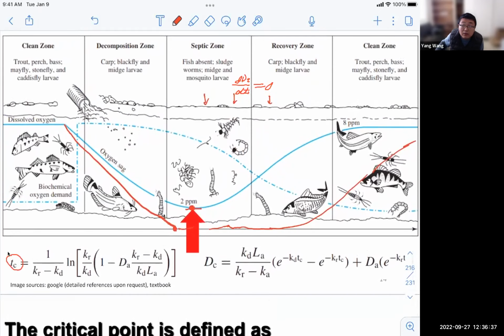You have tc over here, and then Dc over here. This is the critical oxygen deficit. We want to make sure that the oxygen deficit is definitely smaller than the DOs, so that we can still have sufficient dissolved oxygen at this critical point. Okay. Any questions?